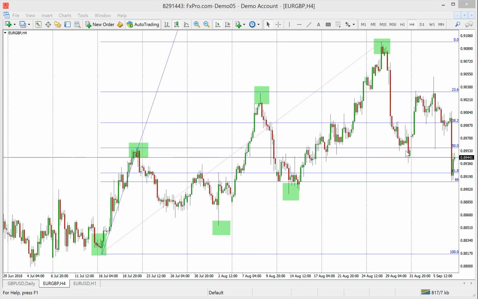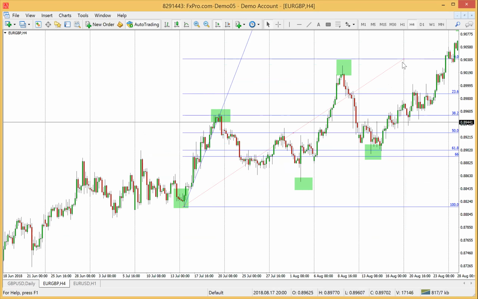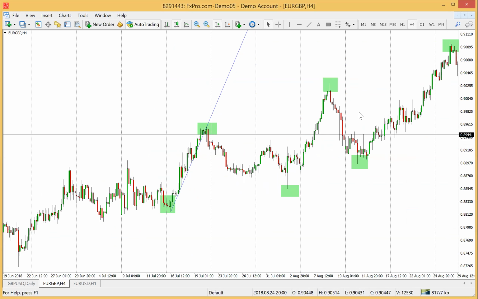Oh, exactly, Presley. Another thing as well, say when the market is at an all-time high, as in it's never been there. For example, this Euro GBP was at an all-time high. It was all over the news, and people weren't sure where price was likely to find a level of resistance.